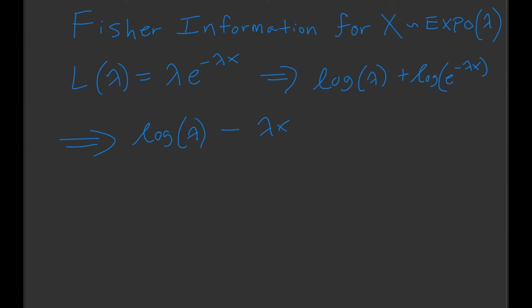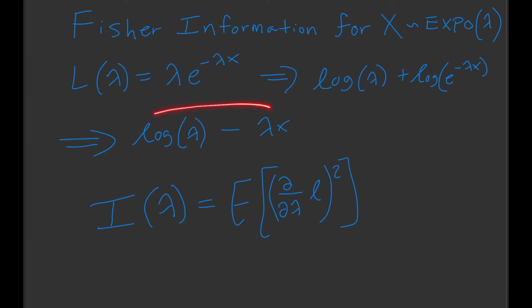now that we have this, to find the Fisher information, we need to use the following equation. So the information for lambda is the expectation of the derivative with respect to lambda of the log likelihood function, all of that squared.